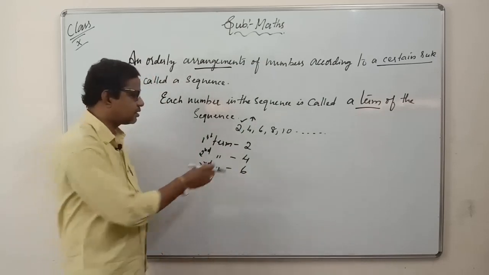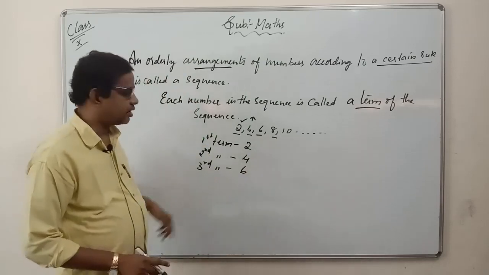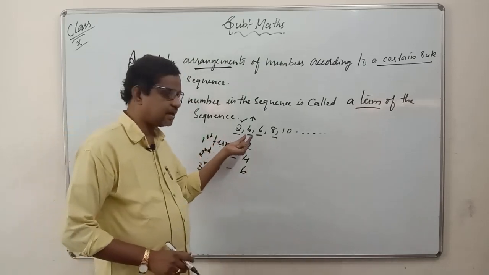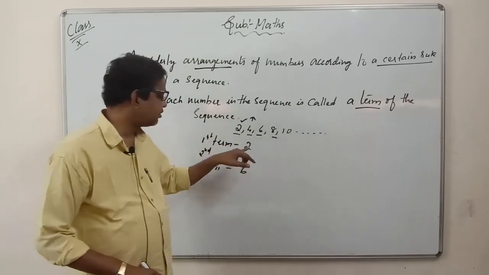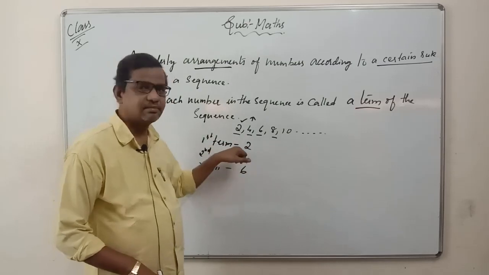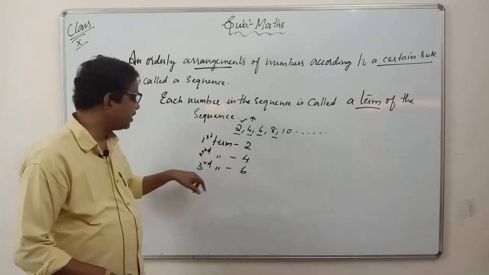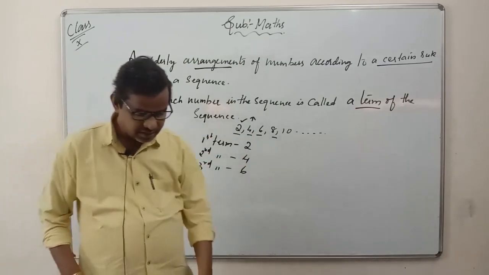So these are called the terms of the sequence. Each number which is present in the sequence is called a term of the sequence. So the first term is 2, second term is 4, and the third term is 6.